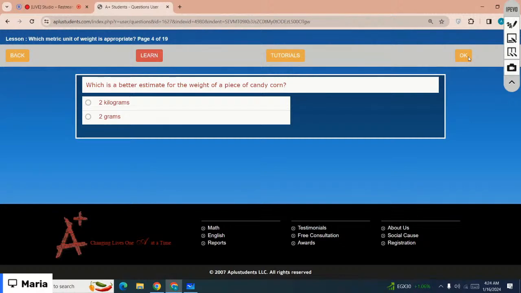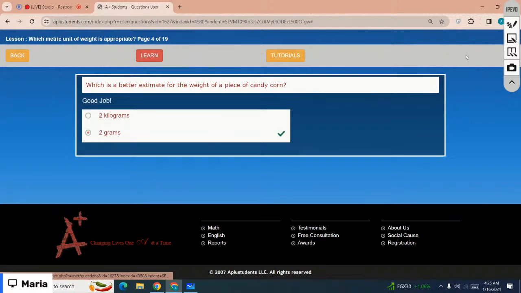Which is a better estimate for the weight of a piece of candy corn? Which is the correct option? Candy corn, yes, that would be 2 grams, because 2 kilograms is too much.